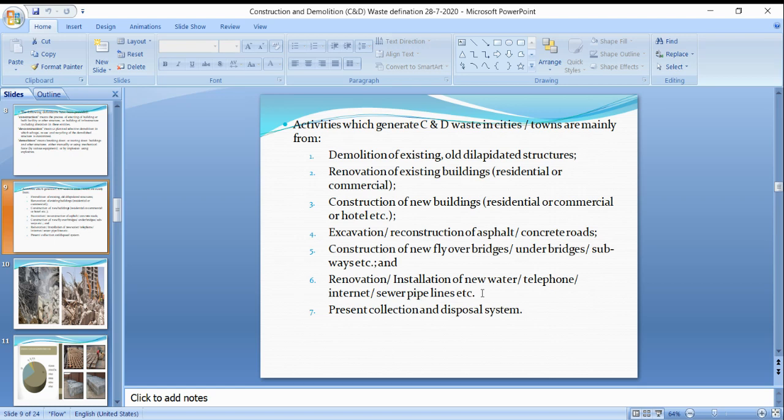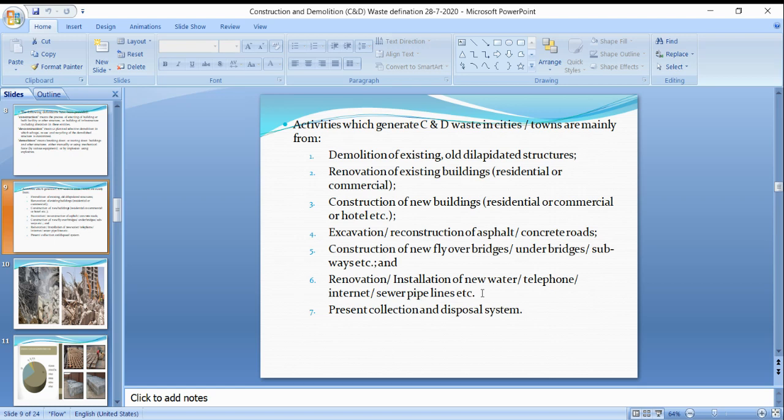Any construction of a building generates waste. Then excavation or construction of asphalt or concrete roads. If you want to construct a road, we require excavation, and also for laying of a CC road or any bituminous road, we will generate waste.